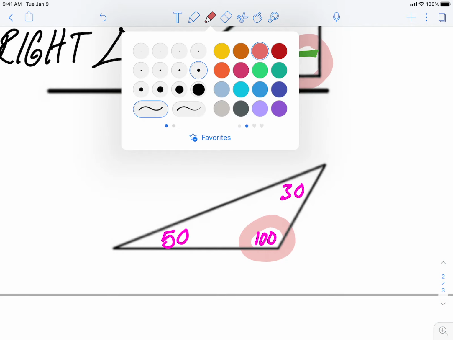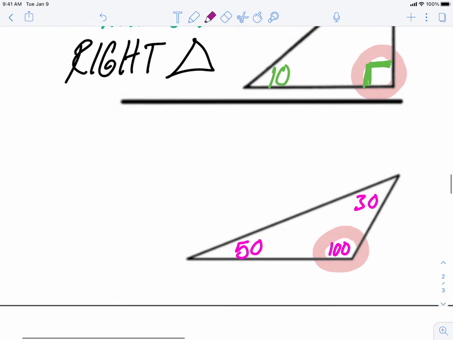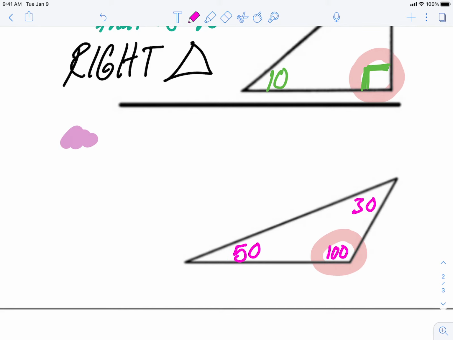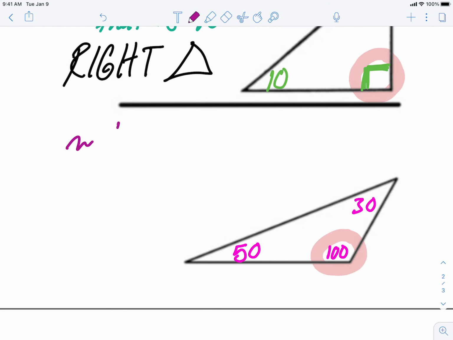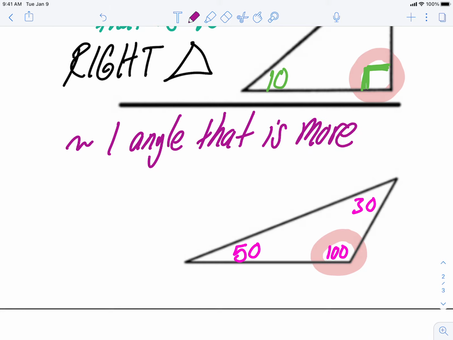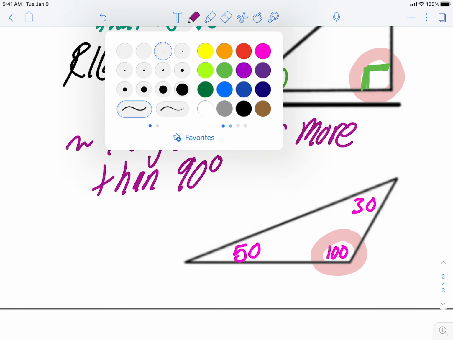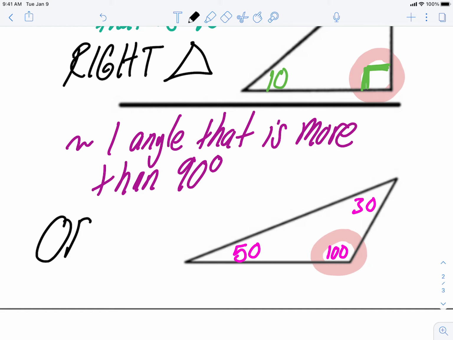So when we have one angle that is more than 90 degrees, that is called an obtuse triangle.